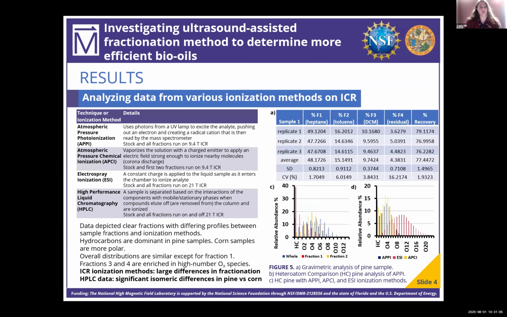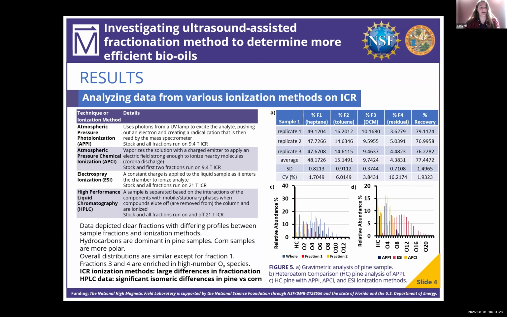But really what we wanted to do was see if we could read all of the molecular formulas in these fractions. So we used the 9.4 Tesla ion cyclotron resonance to read molecular formulas, and we use that for APPI and APCI, which are ionization methods that read more of the non-polar species.